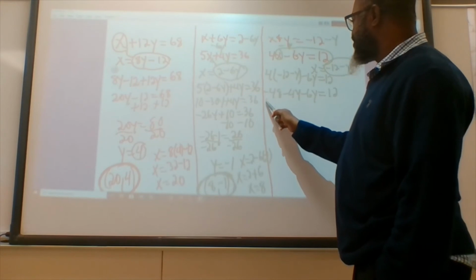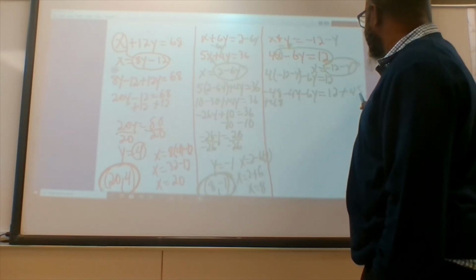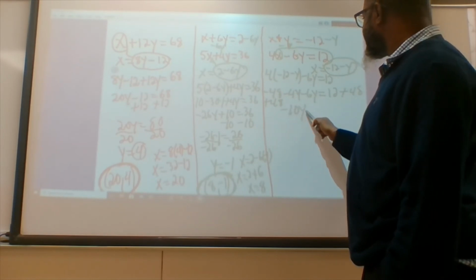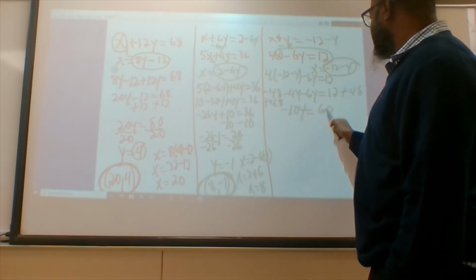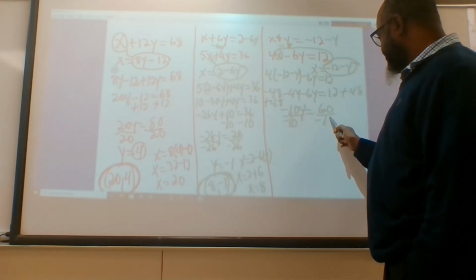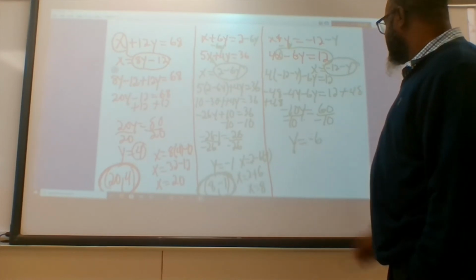So I can add 48 on this side. Add 48. Now we'll have negative 10y is equal to 60. Divide both sides by negative 10. Then I get y is negative 6.